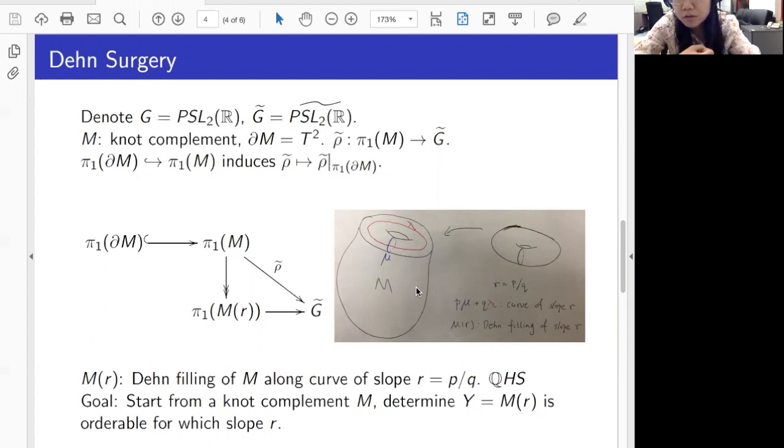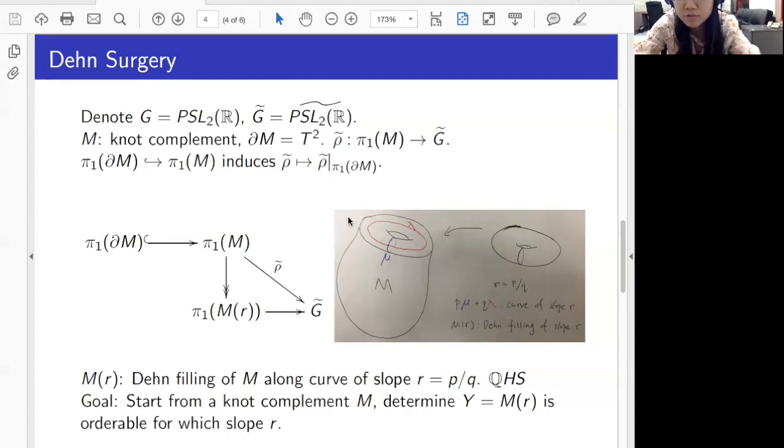Let R equals P over Q be a rational number, where P and Q here are coprime. And we can look at a curve on the boundary which goes around the meridian P times and around the longitude Q times.